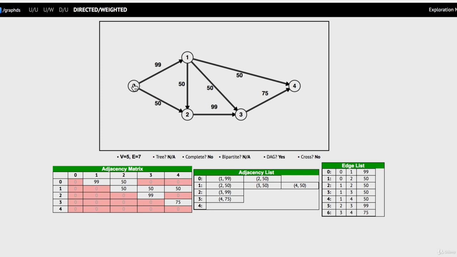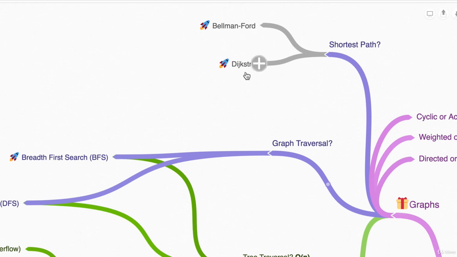Remember, a node is called a vertex in a graph, and the connection between two nodes is an edge. And depth first search doesn't really allow us to take into account these weights. We need something else. And in an interview, if somebody asks you this, your answer should either be Bellman-Ford or Dijkstra's algorithm that allow us to find the shortest path between two nodes of a weighted graph.